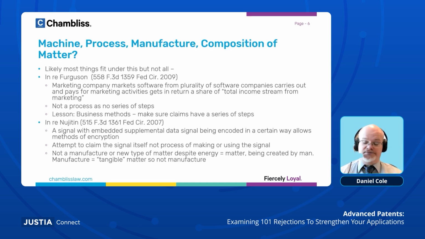It's not a manufacturer because it's not tangible matter. Your guess is as good as mine exactly what a court might mean by tangible there. So, here, if you've got something that involves energy, radio waves, make sure you claim the process of making or using those radio waves, along with maybe throwing a thing in for the energy or the wave as well.